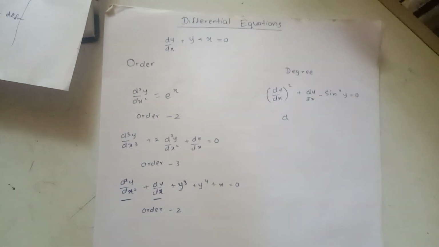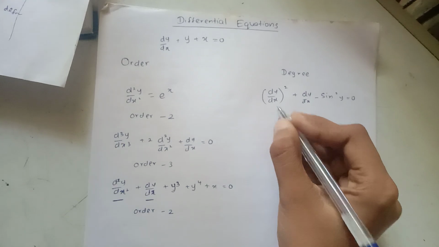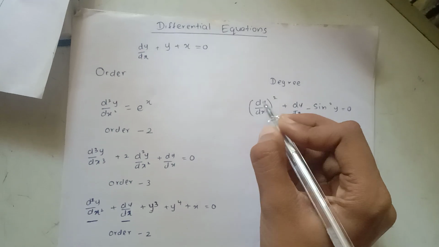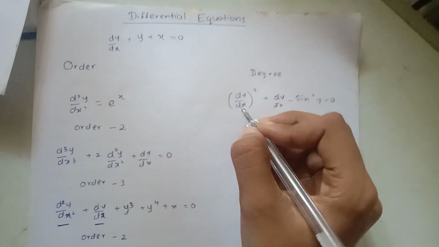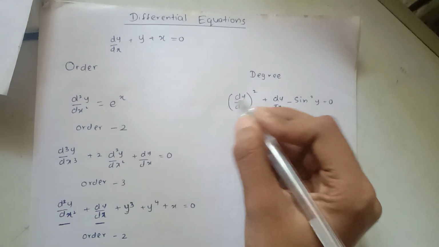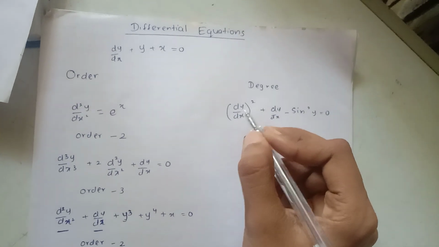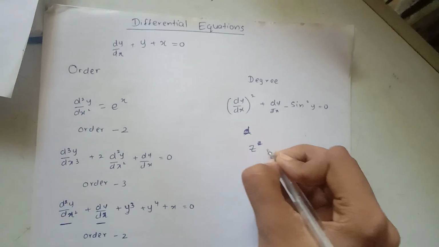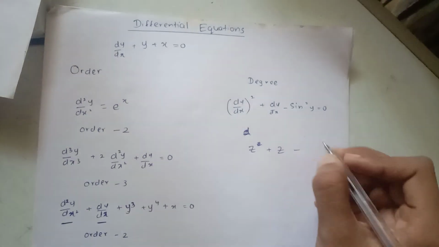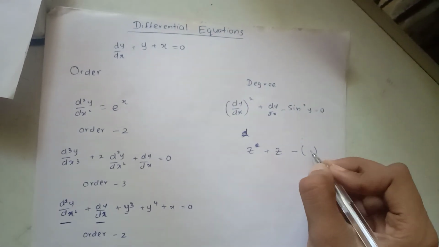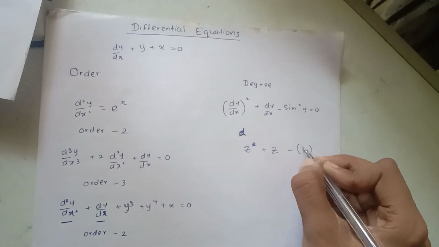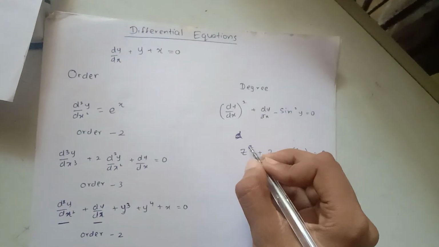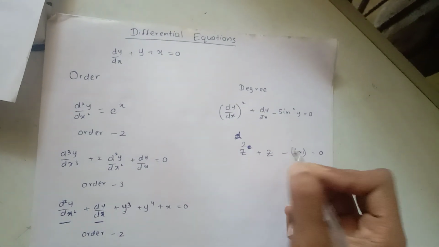If you really can't understand, let's put z instead of dy over dx: z square plus z minus some kind of constant or a function. So this is in polynomial form, right?